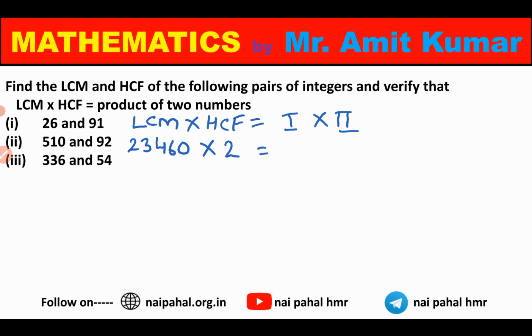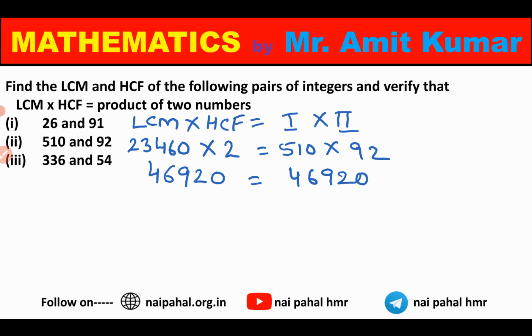That was 2. What is the first number? That is 510. And what is the second number? 92. If we multiply both of these numbers, then we get 2 zeros are 0, 2 6s are 12, carry 1, 2 4s are 8, 1 9, 2 3s are 6 and 2 2s are 4. 46,920. And here also we get 46,920. So in this way we can prove that.